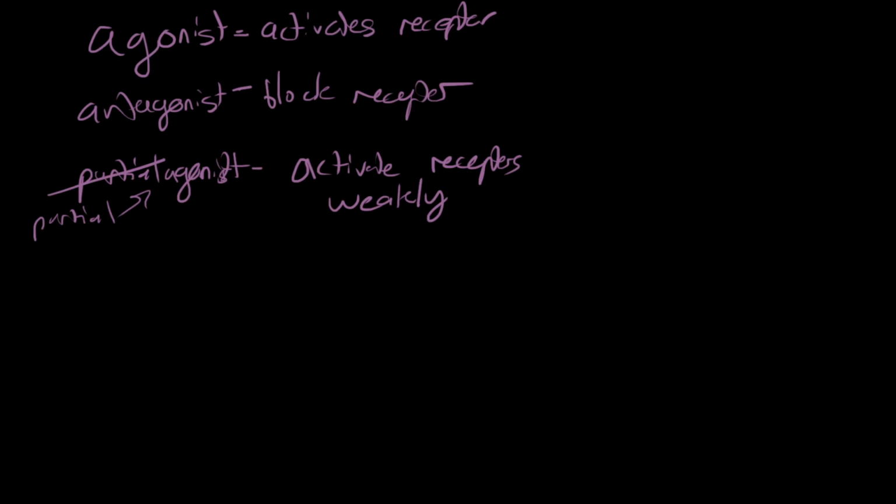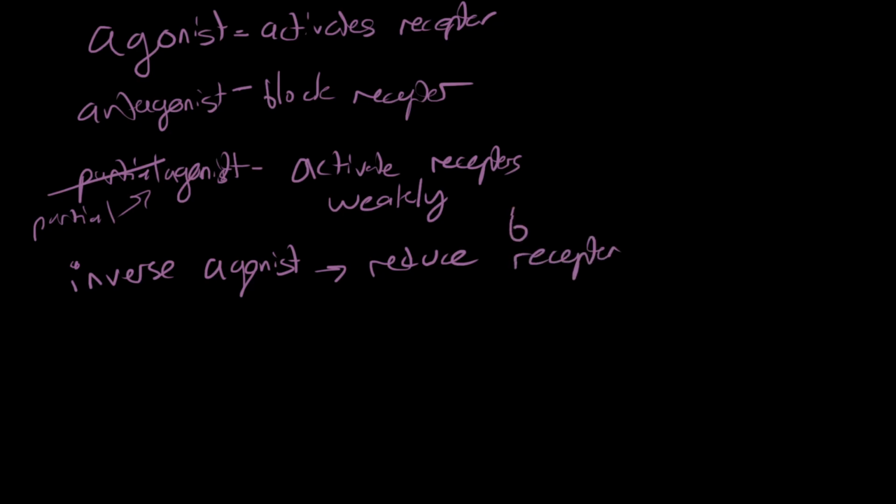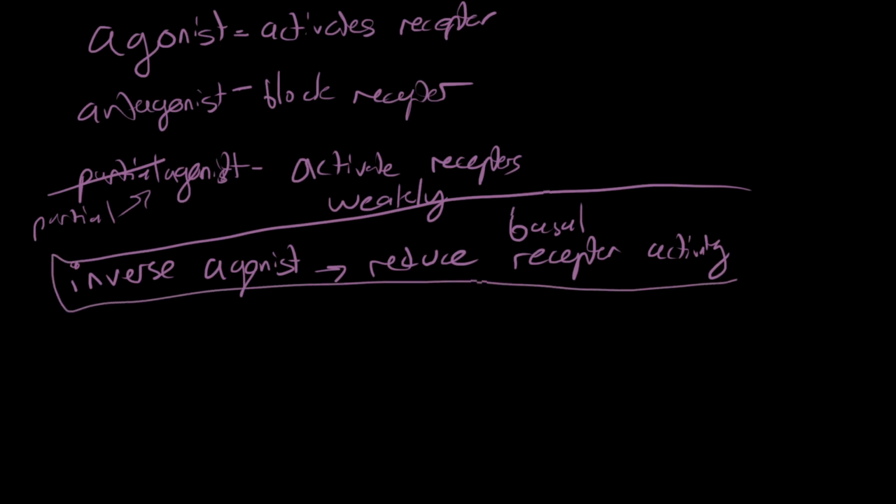And then finally, we have something special, a little bonus: inverse agonists, which reduce receptor activity, reduce basal receptor activity. This one's just a bonus I wanted to add, a new type of agonist.